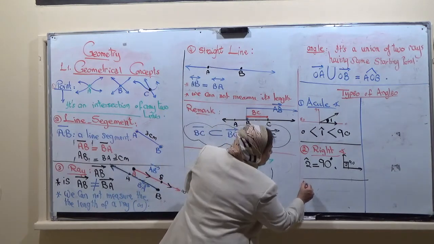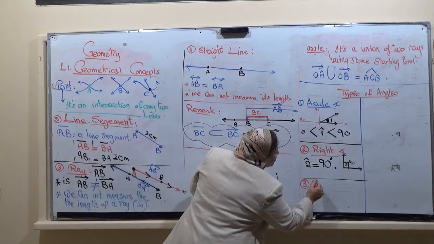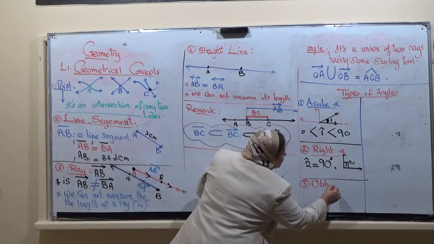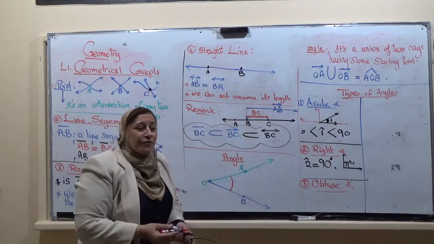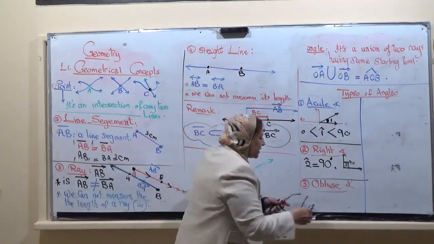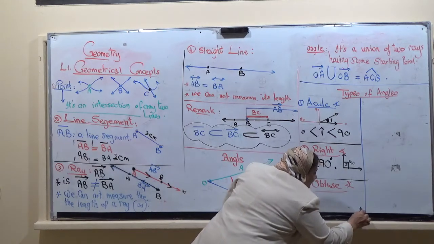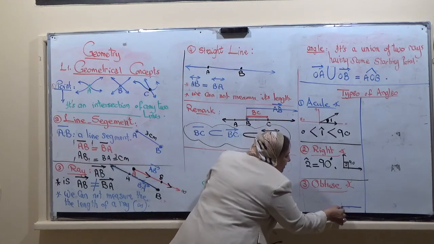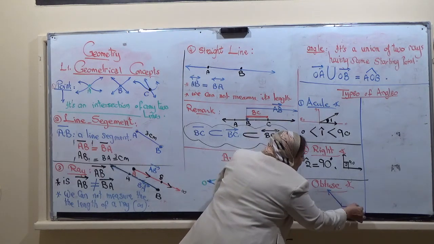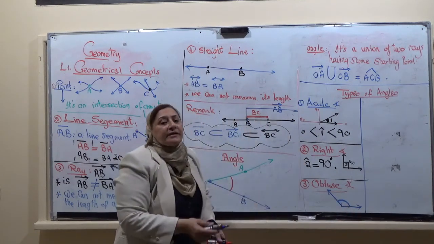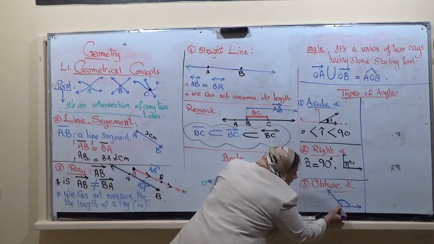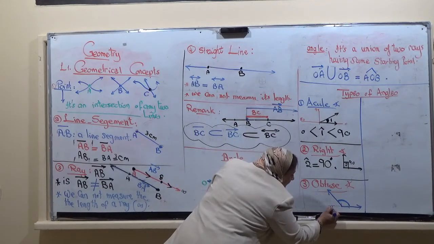Number 3, the obtuse angle. What's the obtuse angle? Of course, it's greater than 90. At the 0 position, more than 90, it will be like this. This is the obtuse angle. It's more than 90 but less than 180. This is the 180.